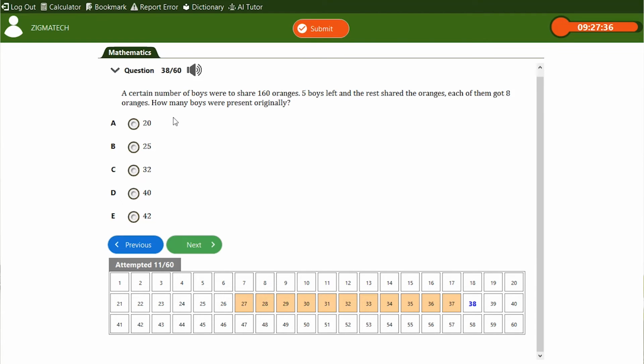So 38. A certain number of boys were to share 160 oranges. 5 boys left, and the rest shared the oranges. Each of them got 8 oranges.